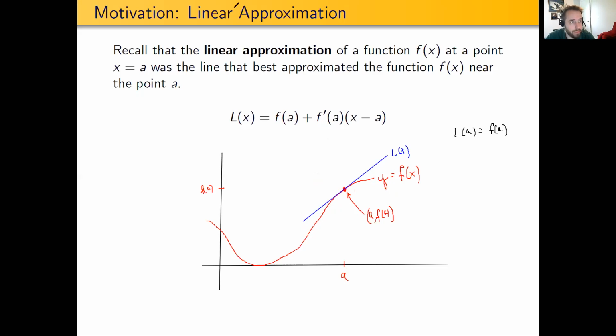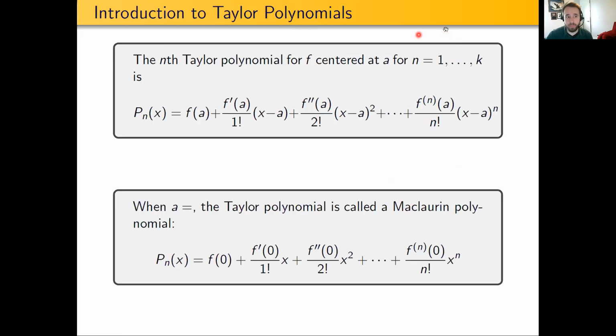That's true because if I plugged in a, this term would just disappear. We would get 0. So L of a would equal f of a, but we also get that L prime of a equals f prime of a. So these two functions agree at the point and in the first derivative at the point. Okay, great. So that was our linear approximation.